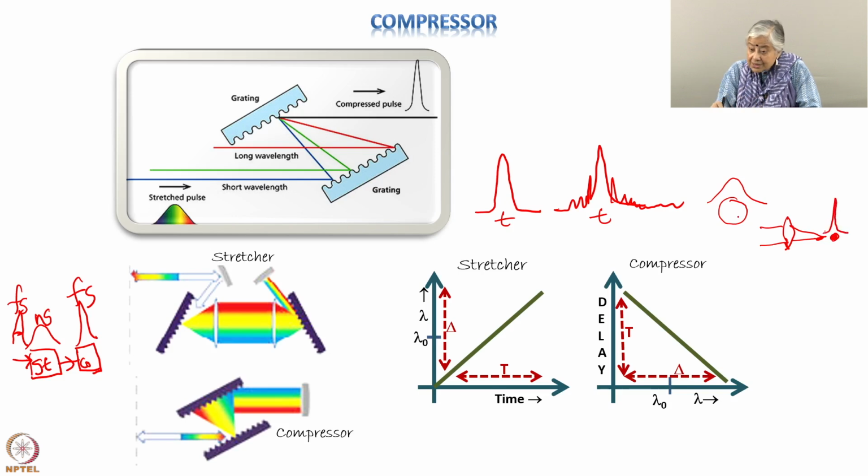But if it is elliptical, suppose it had a bit of ellipticity like this, you will not be able to focus it to that point. You will have something called the Airy pattern like this.